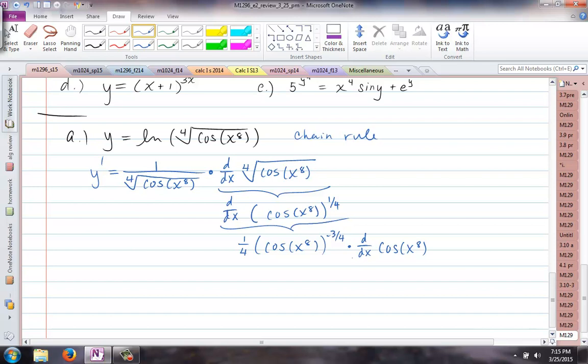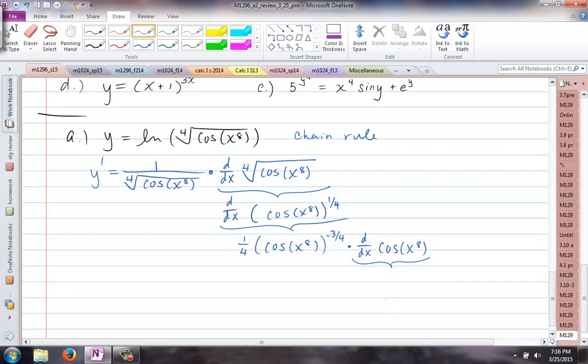All right, so I wrote that d over dx notation up front to give me a pausing point where I can now look at this and just try to do that problem. What is the derivative of cosine of x to the 8th power? So chain it again, right? What's the outer function?